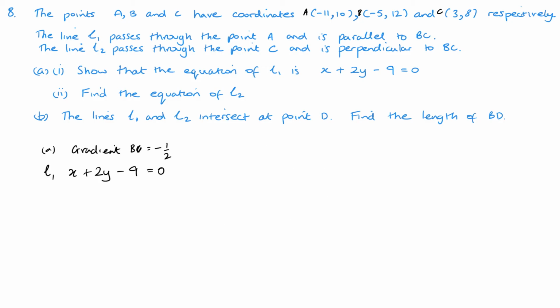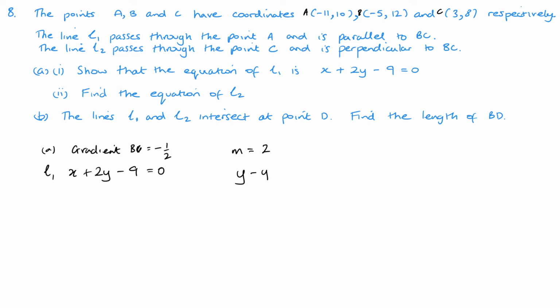Okay, now L2 passes through C and is perpendicular. So L2 is going to have a gradient of, now it's flip and change the sign, so it's going to be a positive 2. And of course it's going through C, so that means it's got the coordinate 3, 8.